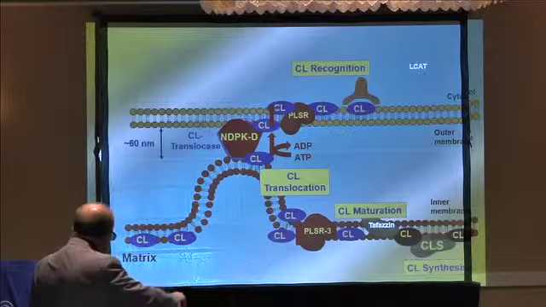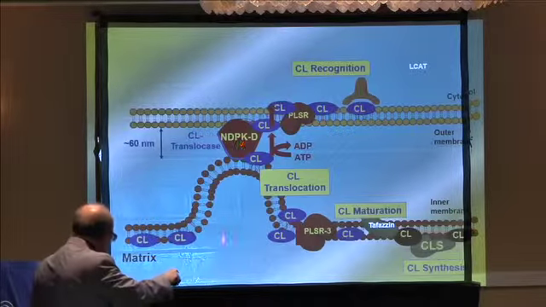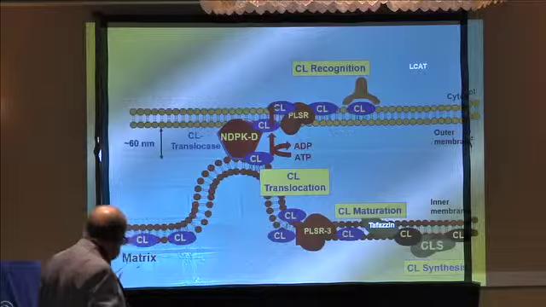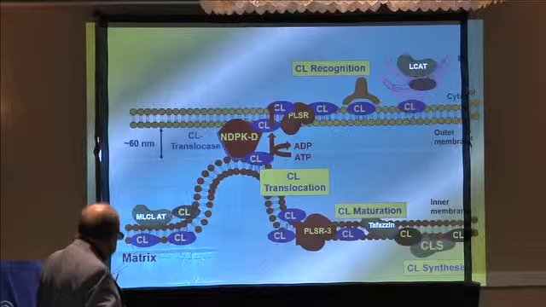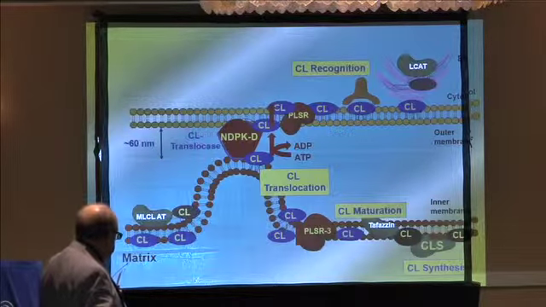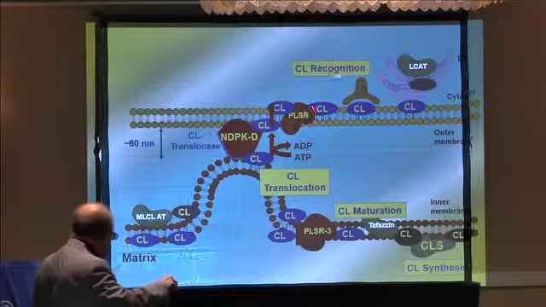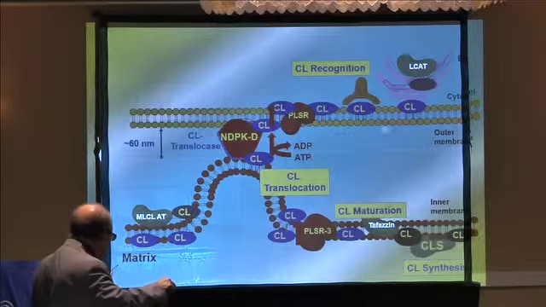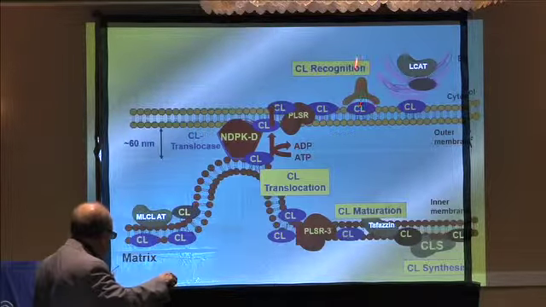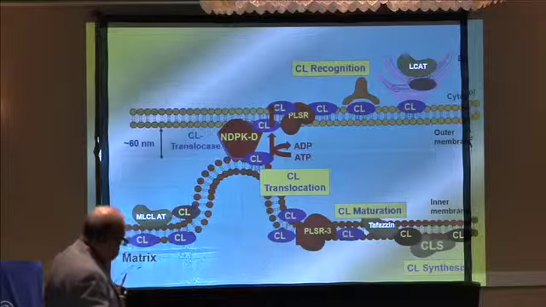If you mutate or knock down this enzyme, this process can be inhibited and regulated. But essentially the most important part for mitophagy is the appearance of cardiolipin on the mitochondrial surface.